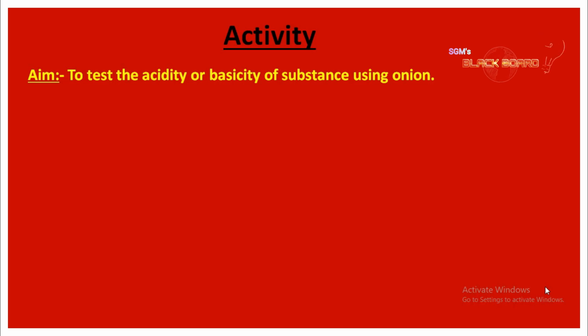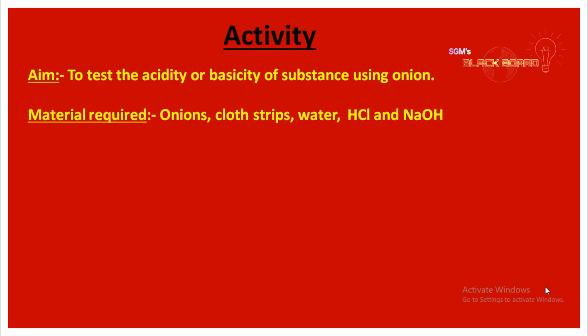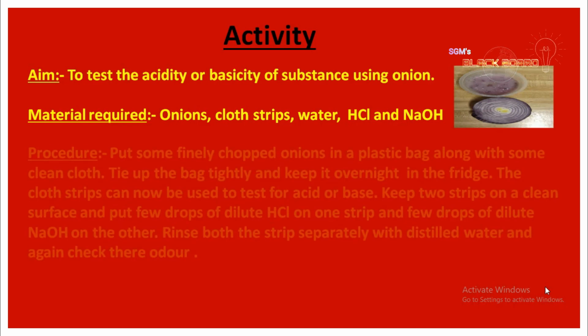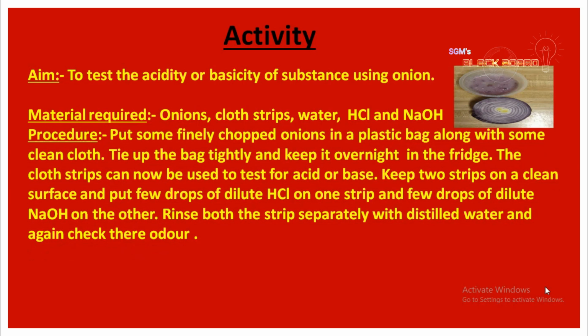The aim of the activity is to test the acidity or basicity of a substance using onion. Materials required: onions, cloth strips, water, HCl and NaOH. So how to do this activity?